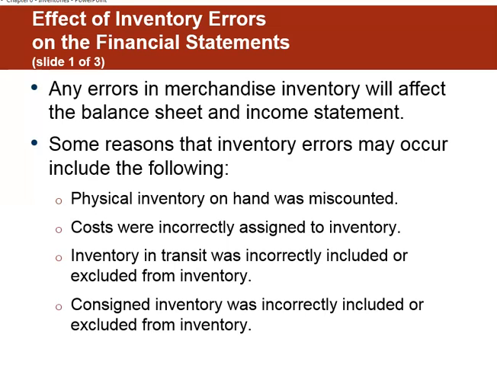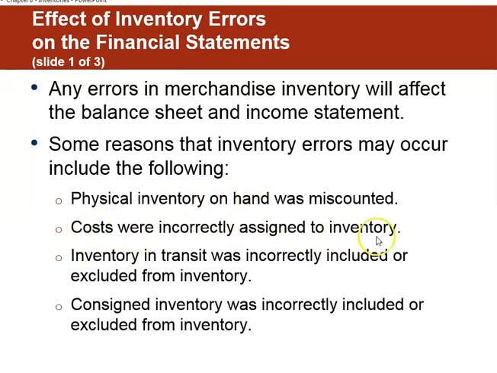So we have some examples of mistakes that can be made. It says physical inventory on hand was miscounted. Now this is obviously a much bigger problem with a periodic inventory system because with that type of system, we're not tracking it except for the physical inventory on hand. So that's a really big problem with periodic inventory.